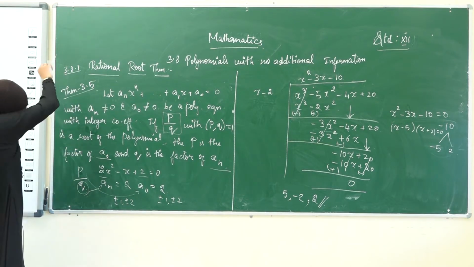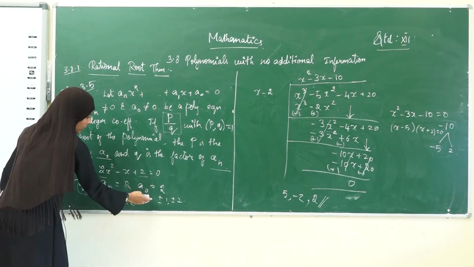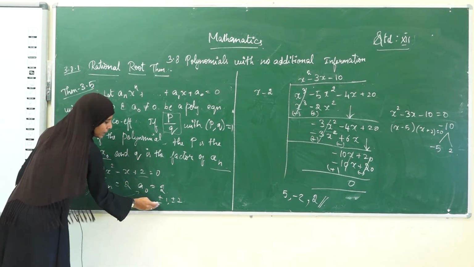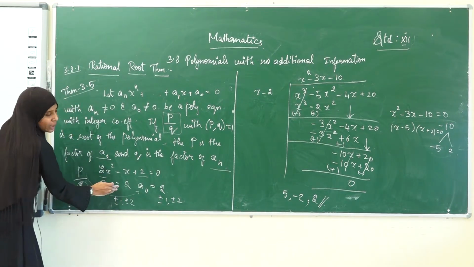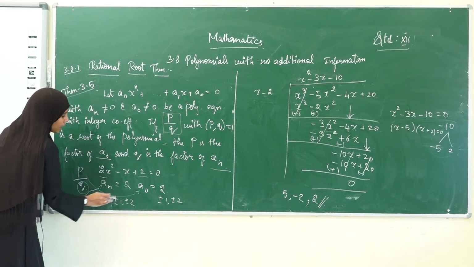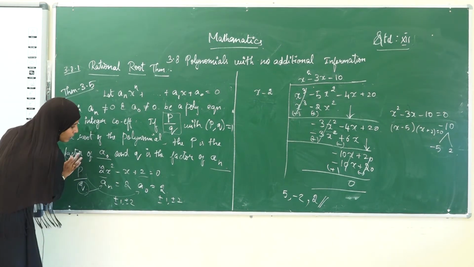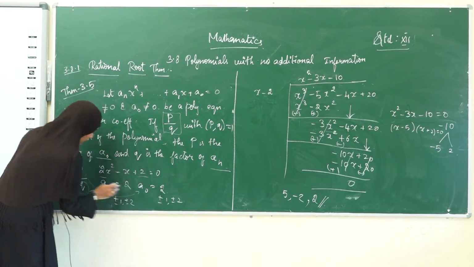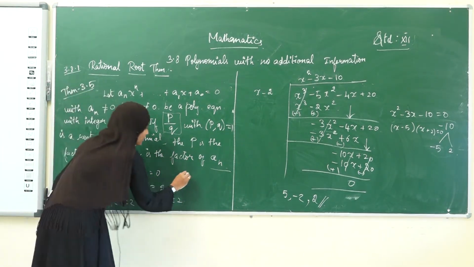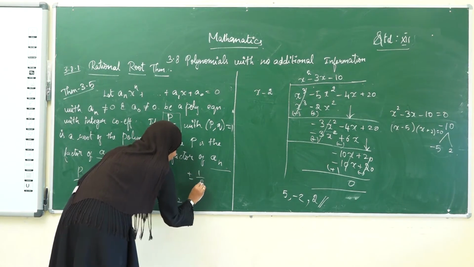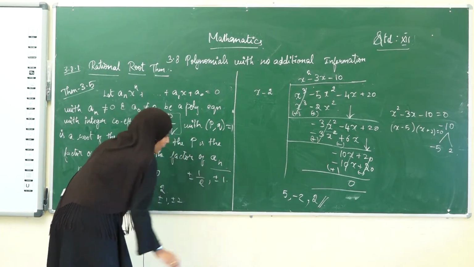Okay. So p will be a factor of 2 and q will also be a factor of 2. So the numerator will be from these 4 terms and the denominator will be any one from these 4 terms. So how can we write this? Plus or minus 1 divided by 2, comma plus or minus 1, and so on.